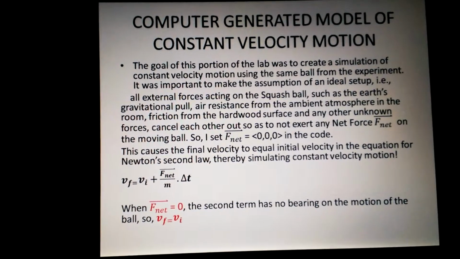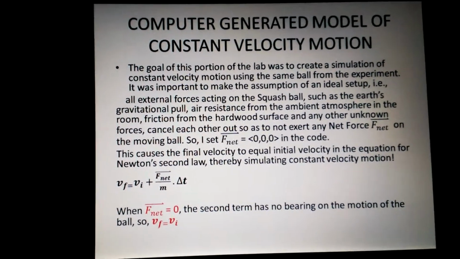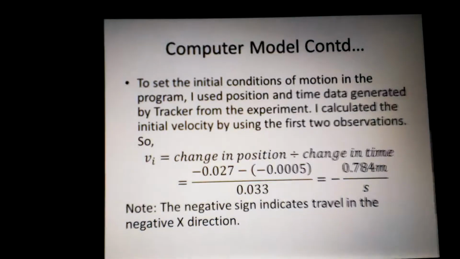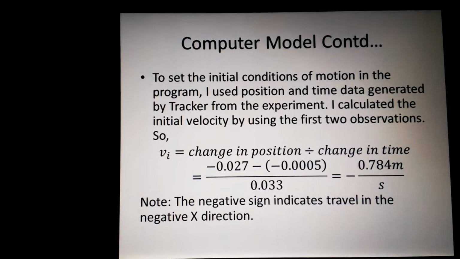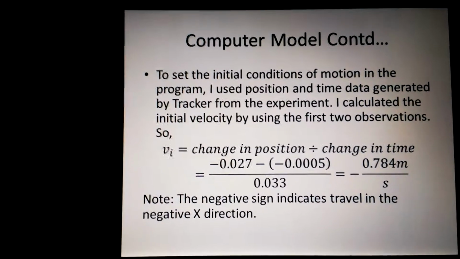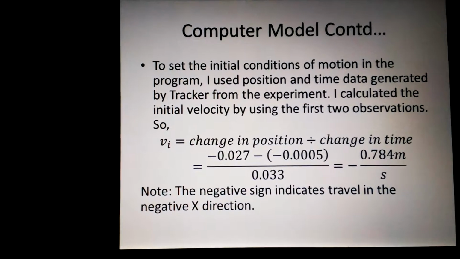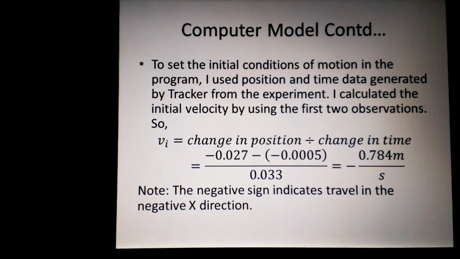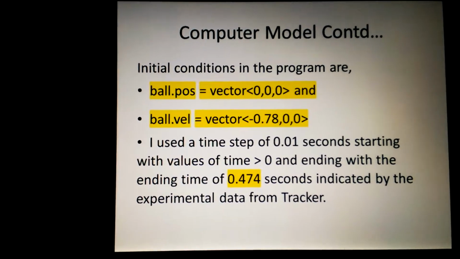When you set F net equal to 0, the final velocity equals the initial velocity, creating a simulation of constant velocity motion. To set the initial conditions of motion in the program, I used the position and time generated from Tracker from the first 2 rows of data and initialized the value of v sub i to negative 0.784 meters per second. The negative simply shows direction of motion is in the negative x direction.